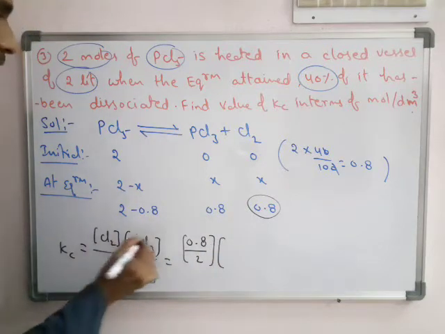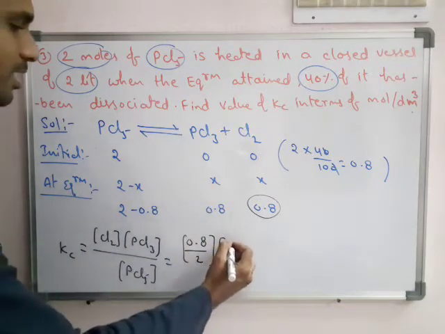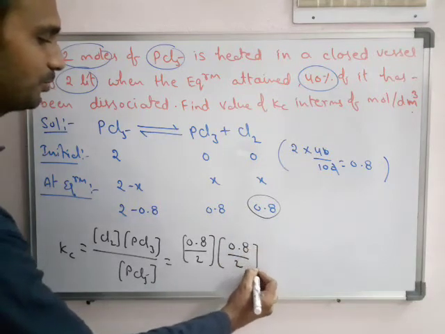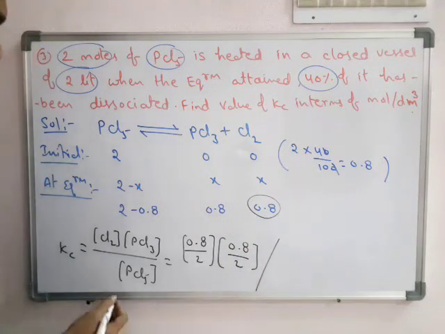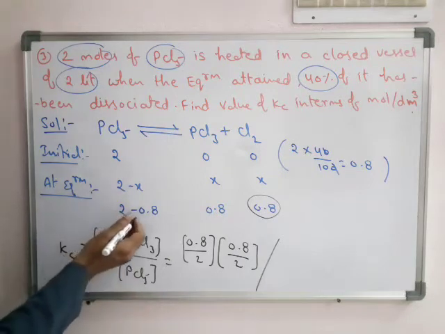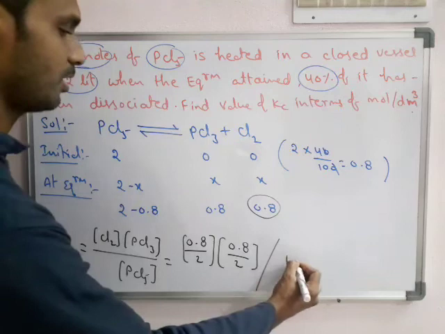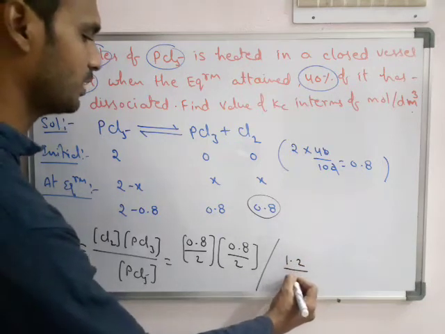So again Cl2 and PCl3 are also the same, 0.8 by 2. And for PCl5 concentration, 2 minus 0.8, it's 1.2. Okay, 1.2, which is also in 2 liters.